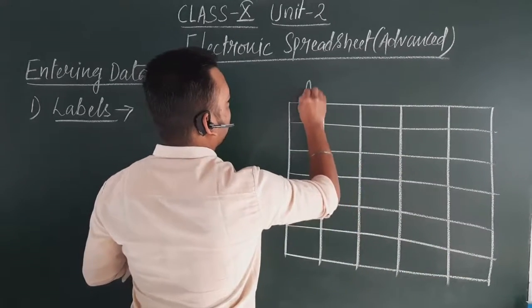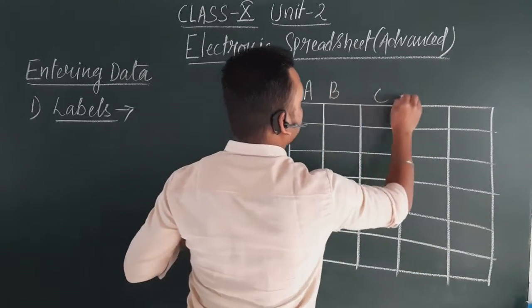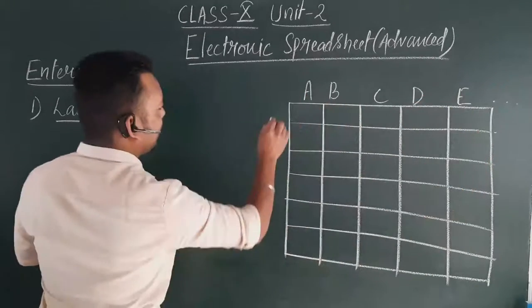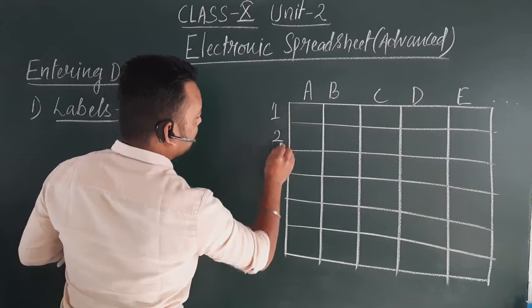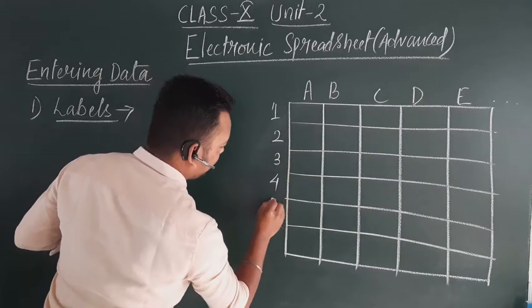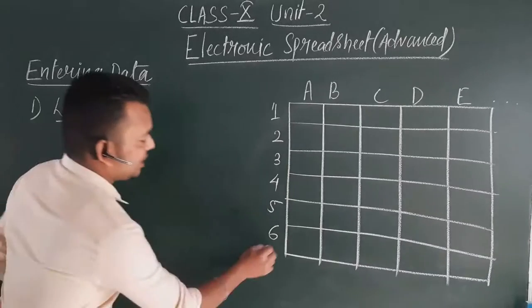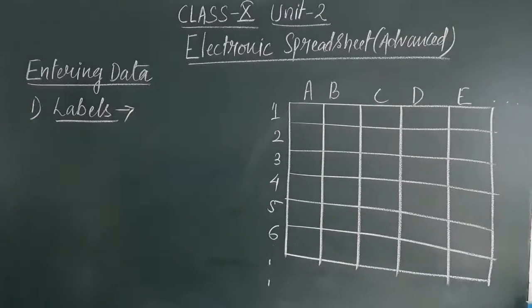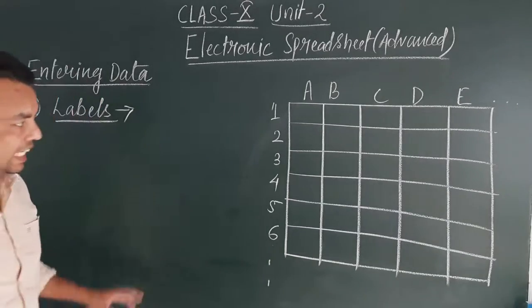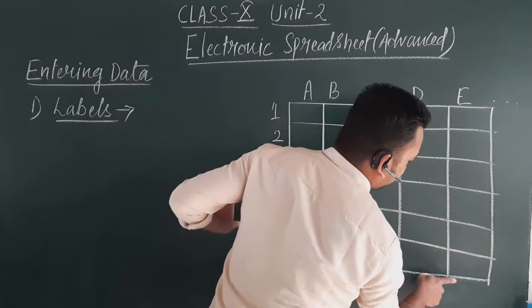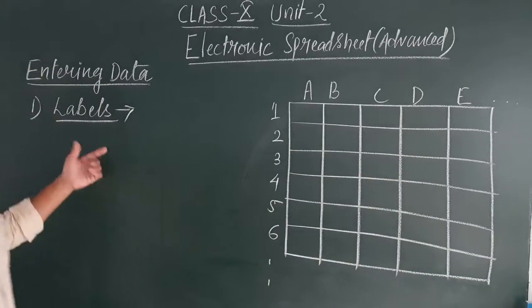These are columns A, B, C, D, E, and it will continue. Similarly, 1, 2, 3, 4, 5, 6, these are the set of rows. So a worksheet is made up of a group of columns and rows in the form of a grid.